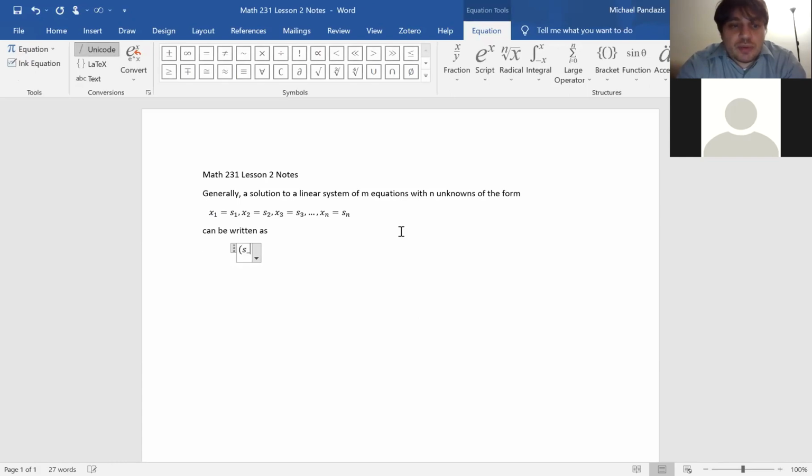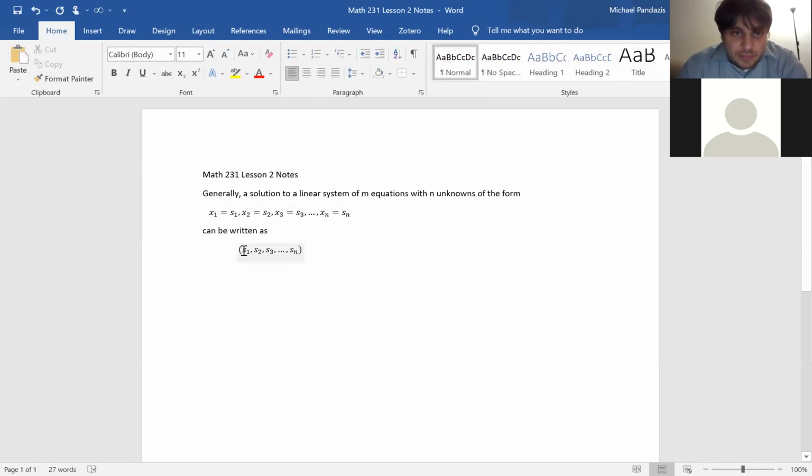That ordered tuple is (s1, s2, s3, ..., sn), which is called an ordered n tuple.